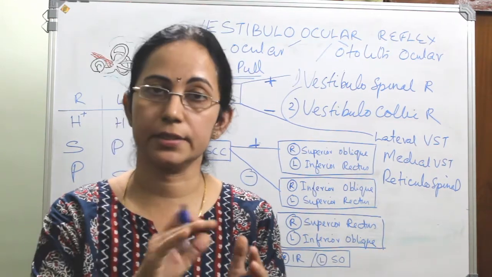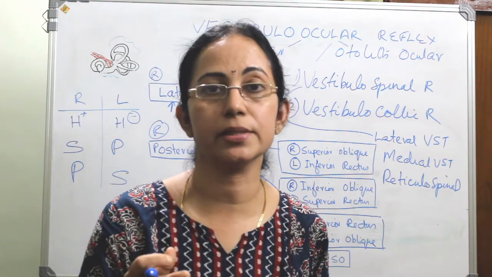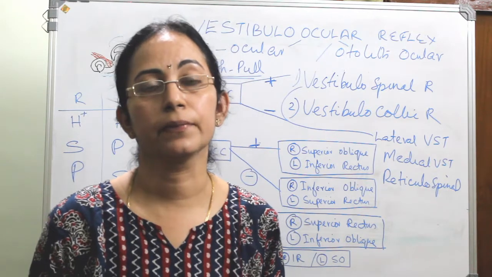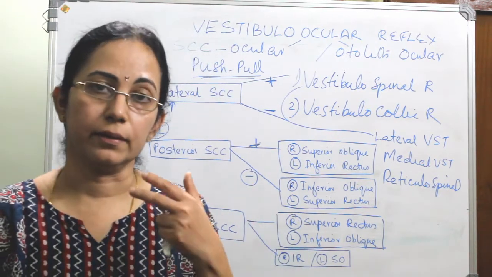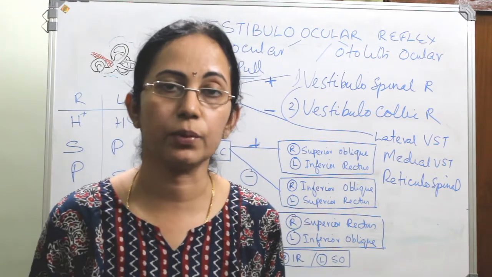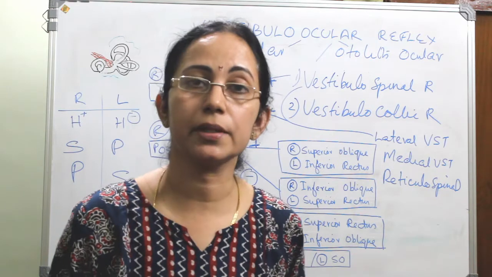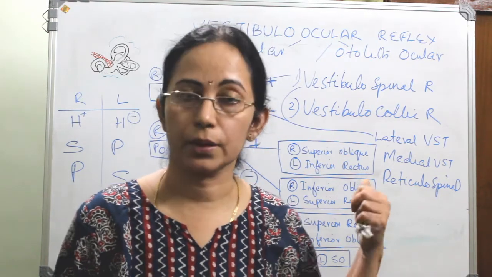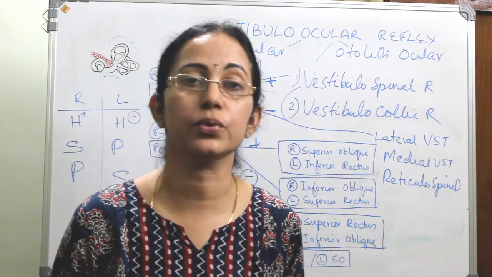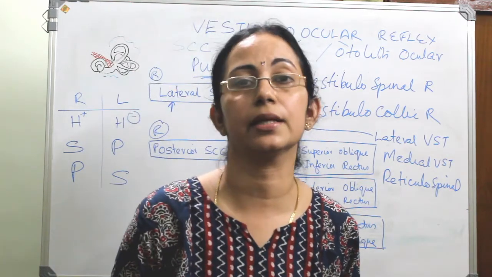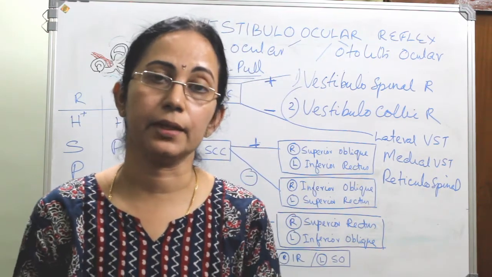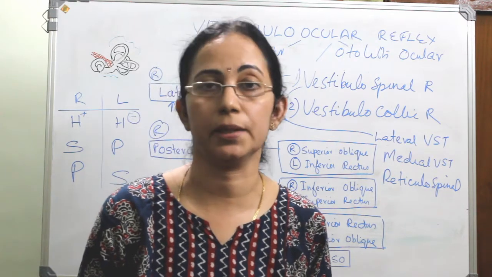There are four parts which are specific for each of the sense organ regions, and from there the efferent fibers will go to the cortex, the cerebellum, the reticular formation, the extrapyramidal system, autonomic system, the corticospinal tract, the motor nuclei of 3, 4 and 6 cranial nerves of the same side and also to the opposite side. And the primary neurons will not cross the midline.